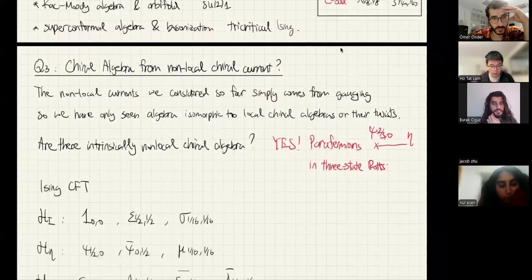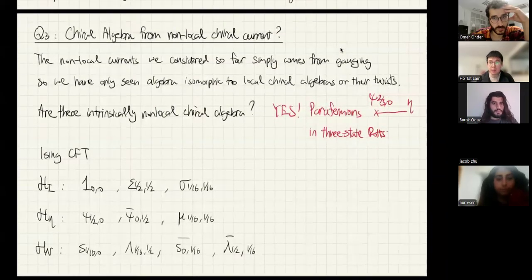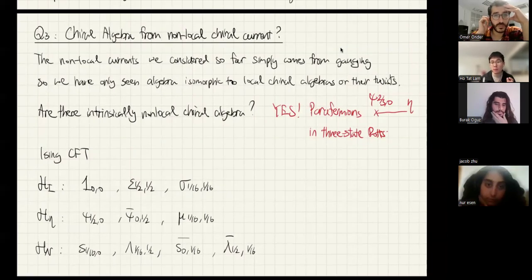So lastly, I want to give you a taste of where we are going forward. So far, I have only been telling you about examples that come from gaugings. All of the non-local currents I talked about come from gaugings. As a result, even though the algebras we have seen become chiral tube algebras that map you between different defect Hilbert spaces, the algebras they form are actually isomorphic to the local chiral algebras that we have seen already before gauging.